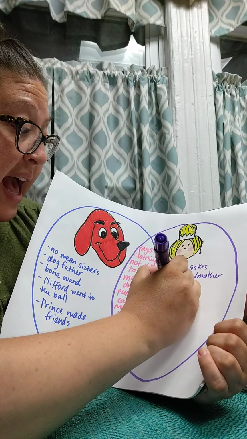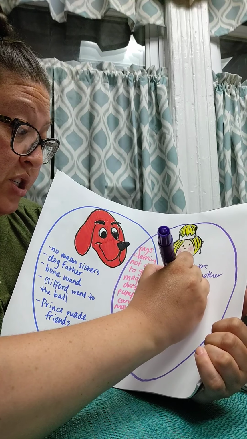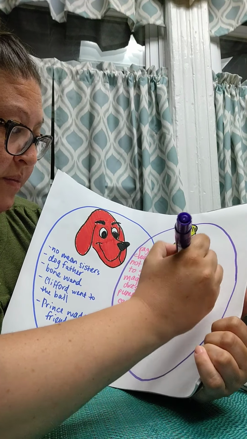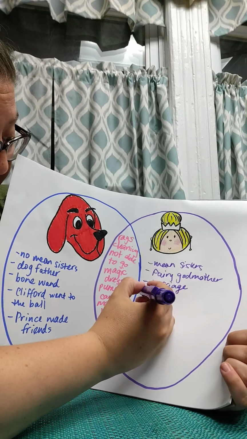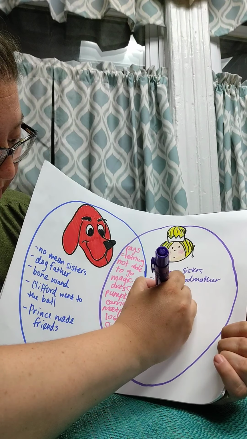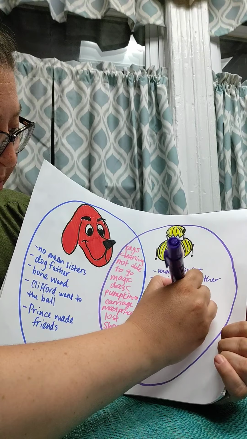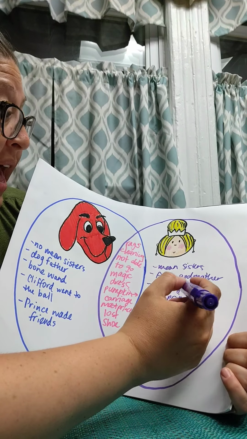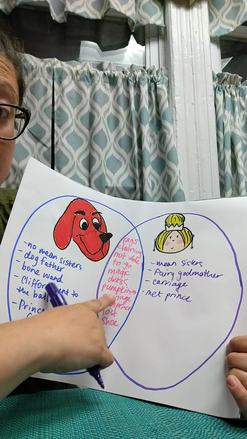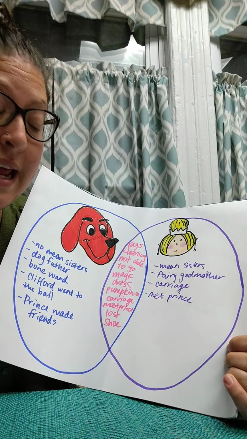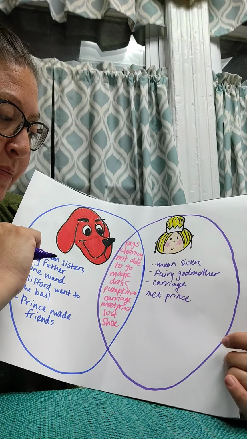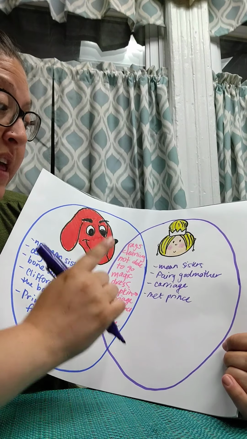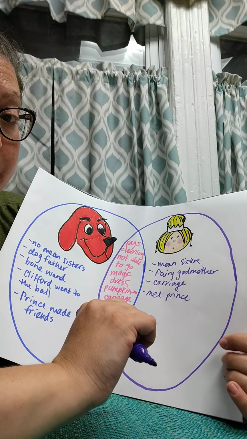Cinderella went to the castle in a carriage. And she met the prince. And they both danced together. That's one of the things that was the same, right? They both danced together in both stories. And they both lost their shoe.